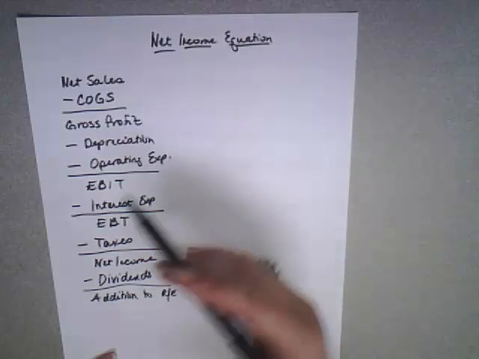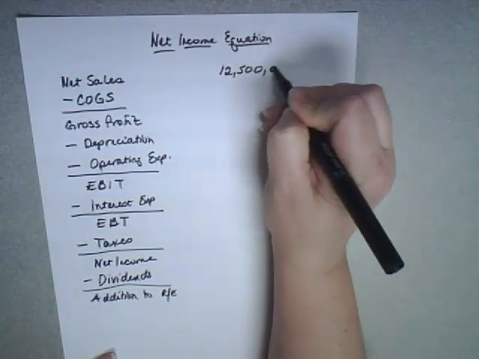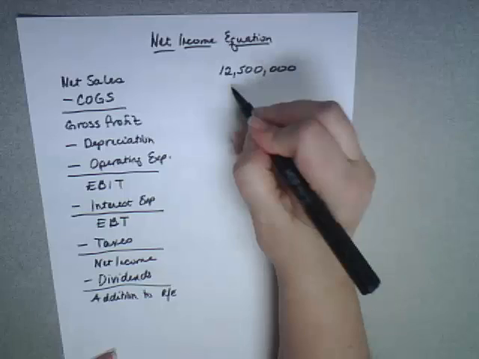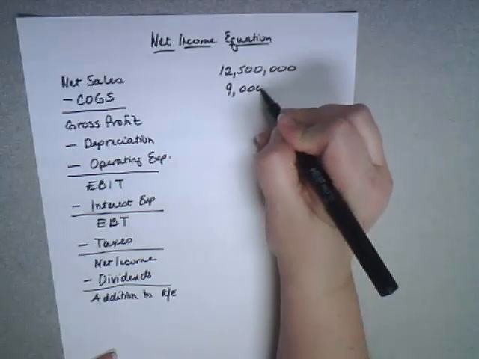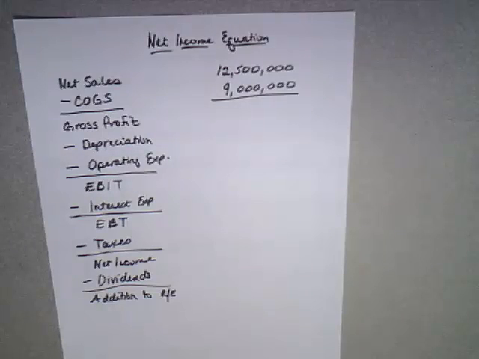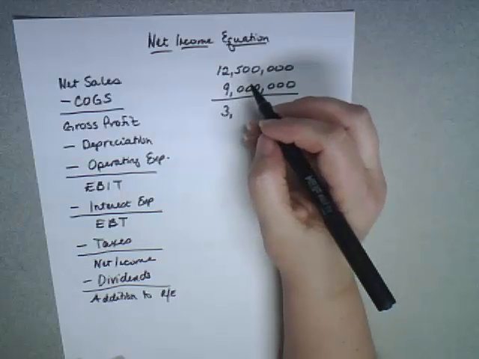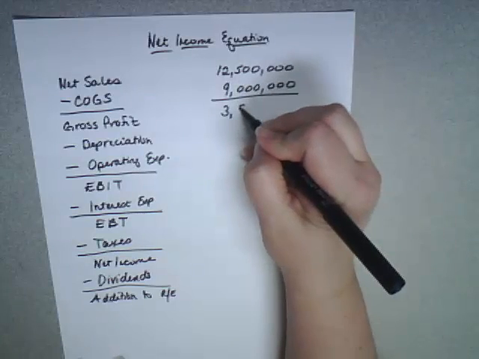First of all, it says net sales $12,500,000. Cost of goods sold $9 million. So if we stop right there, we know we've got our gross profit of $3,500,000.